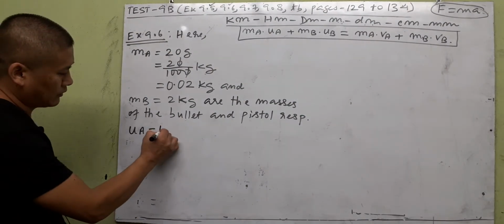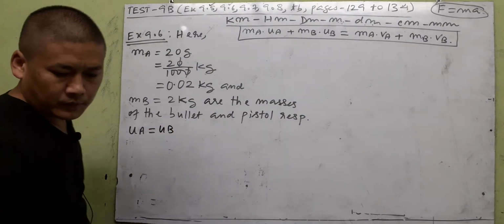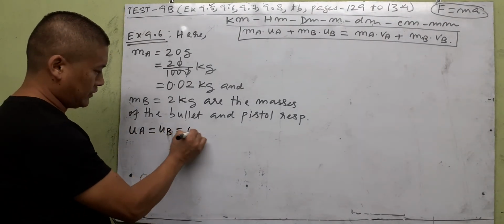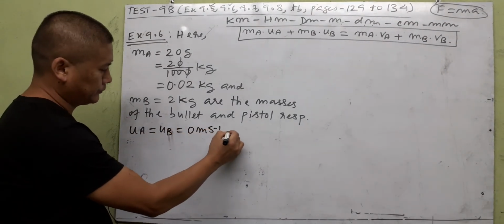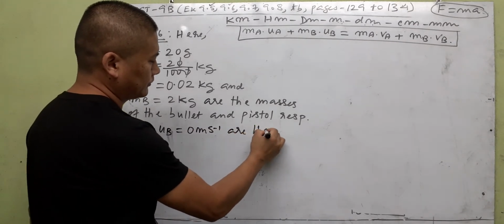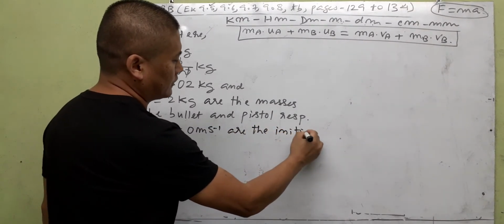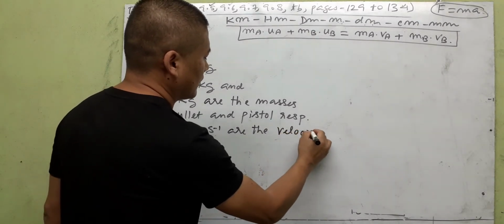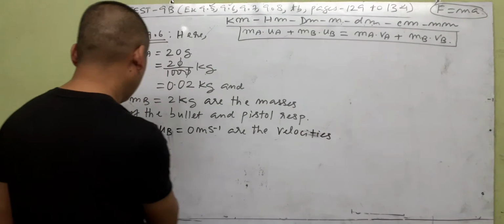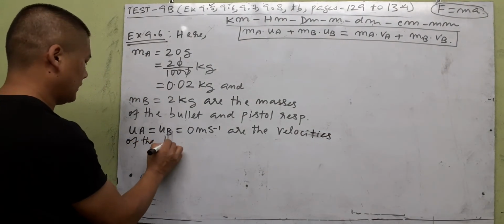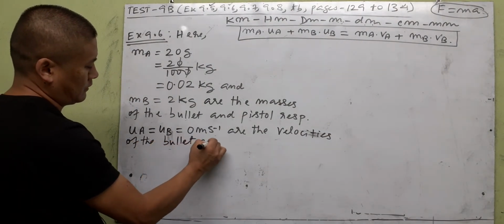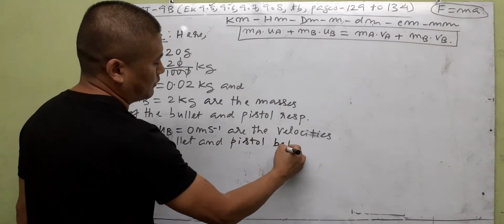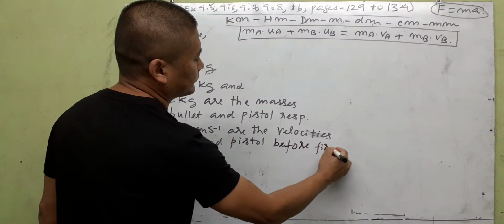So UA, UB, in this case, by common sense also we can understand this one, will be 0 meter per second. They are the initial velocities of the bullet and pistol before firing.